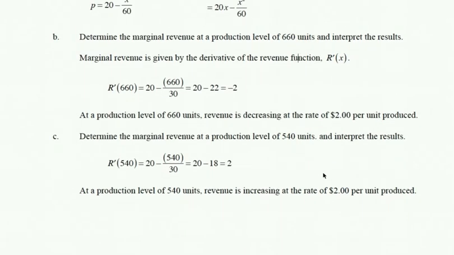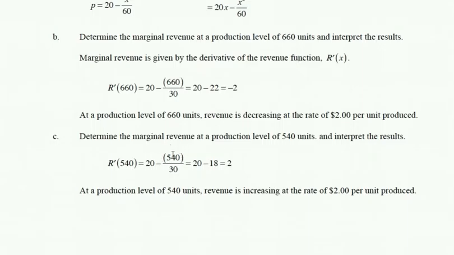Then in part C, we want to know what the marginal revenue is if our production level was 540 units. And so for that, we substitute 540 into our marginal revenue function, 20 minus x over 30. And so our x is 540. Wherever we have an x, we put parentheses.